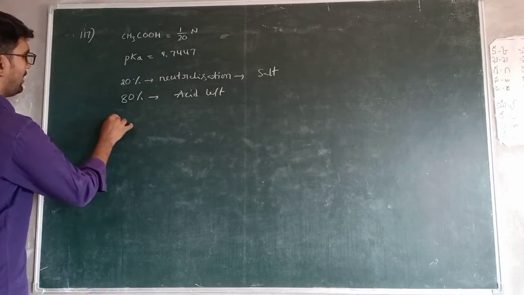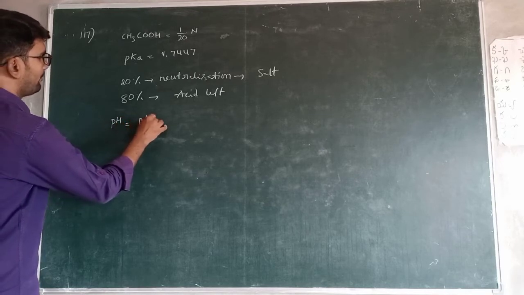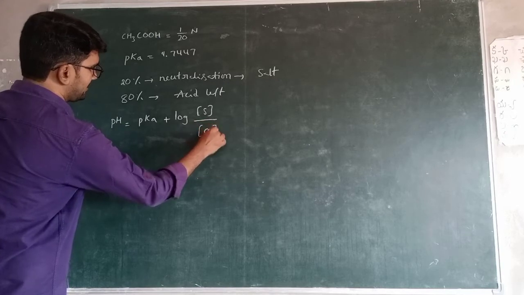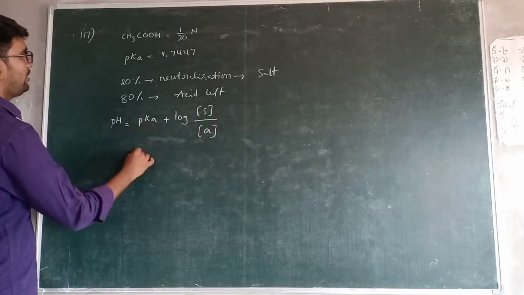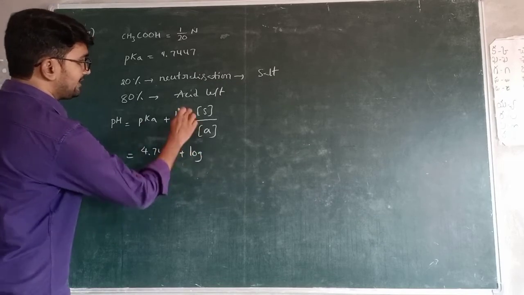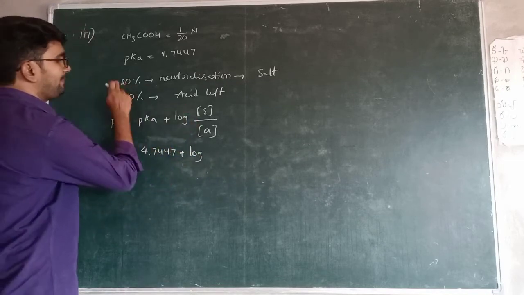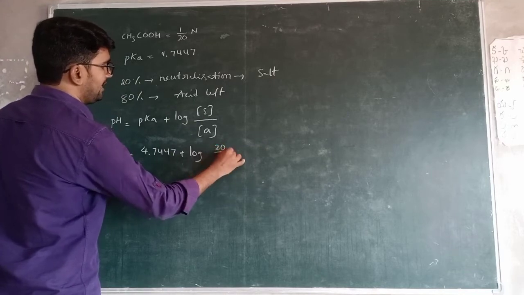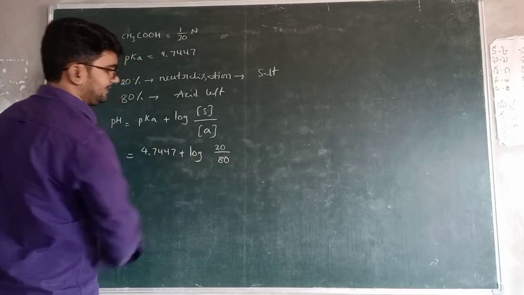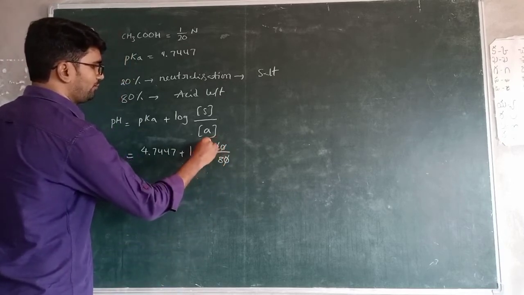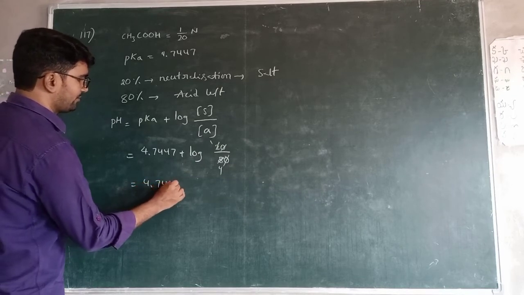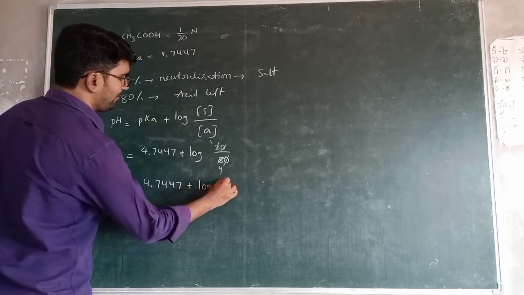Then what is the formula? pH is equal to pKa plus log concentration of salt by concentration of acid. The pKa value is already given: 4.7447 plus log of concentration of salt, 20%, by concentration of acid left, that is 80%. So 20 by 80, which is 1 by 4. 4.7447 plus log 1 by 4.